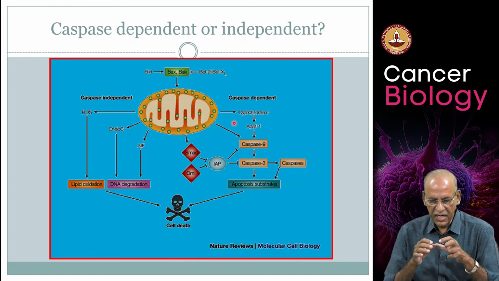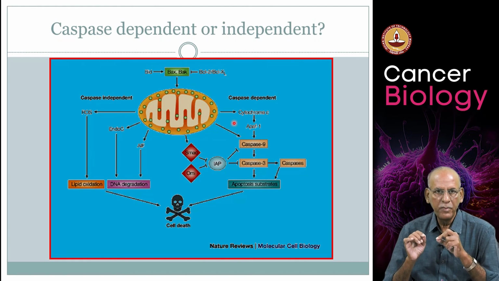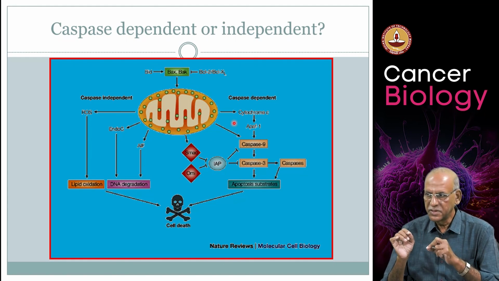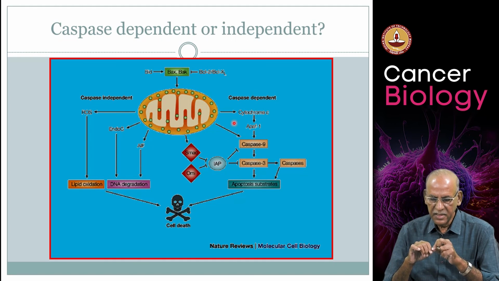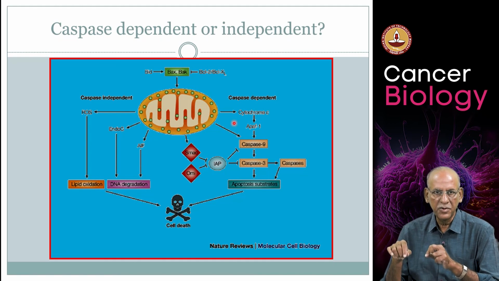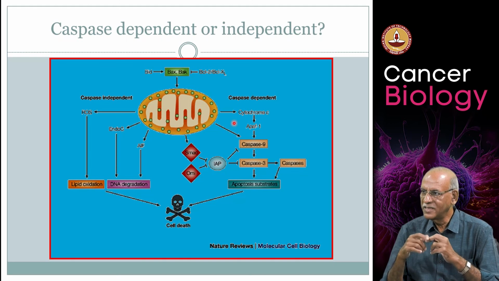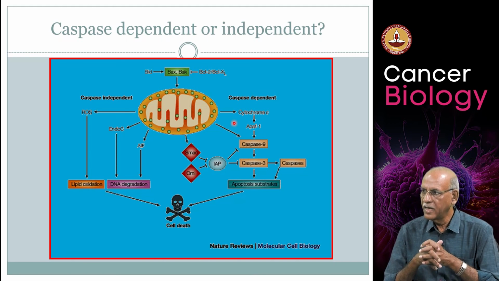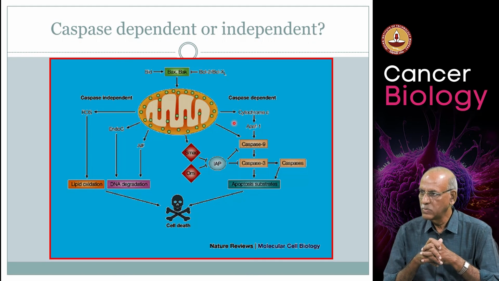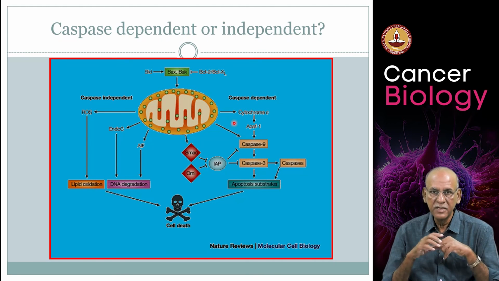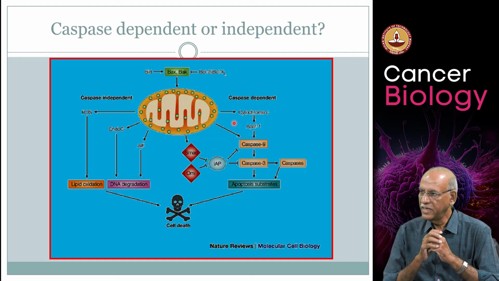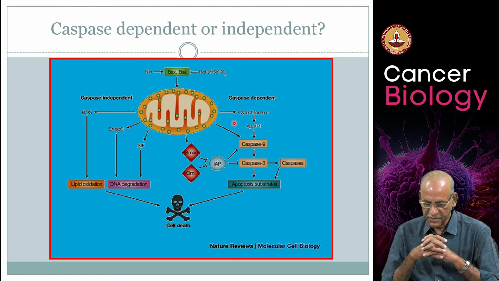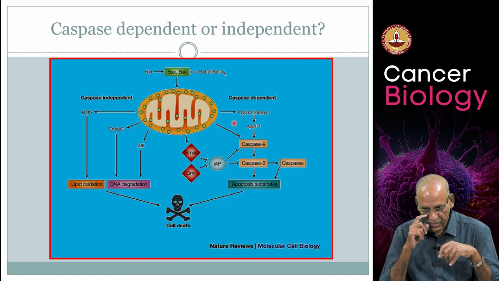So, essentially SMAC and OMI induce apoptosis by inhibiting these inhibitors of apoptosis proteins. You may ask what these IAPs inhibit? They inhibit caspase 3 and caspase 9. So, if you inhibit the inhibitor of caspases, then actually you activate the caspases. So, that is what happens. This is a very important mechanism.